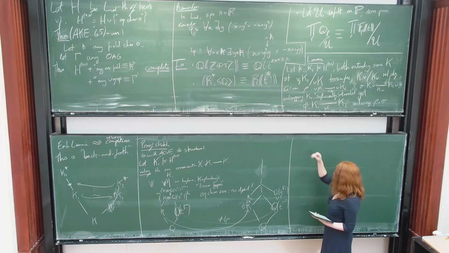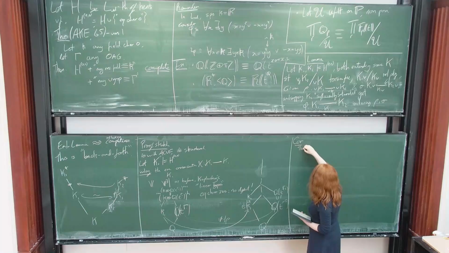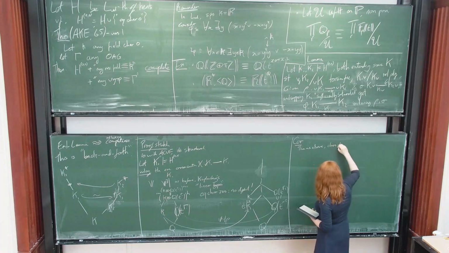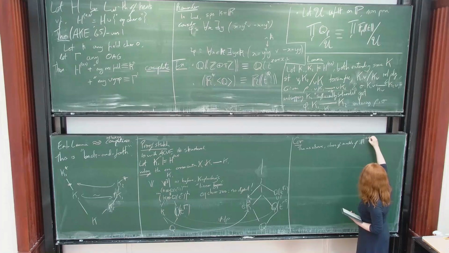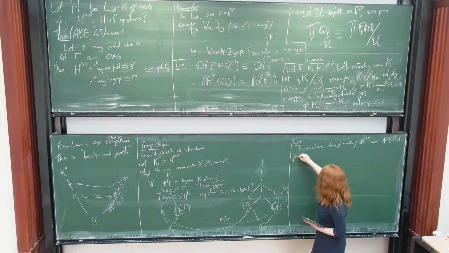Let me now just say that the immediate corollary is the theorem, as above, but also that the class of models of Henselian valued fields of equal characteristic 0 are an AKE square class for all the squares that we discussed before.